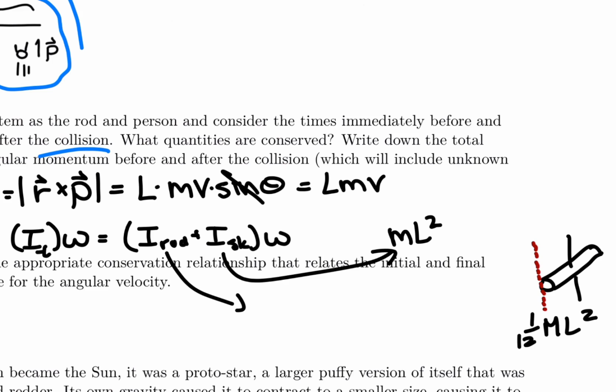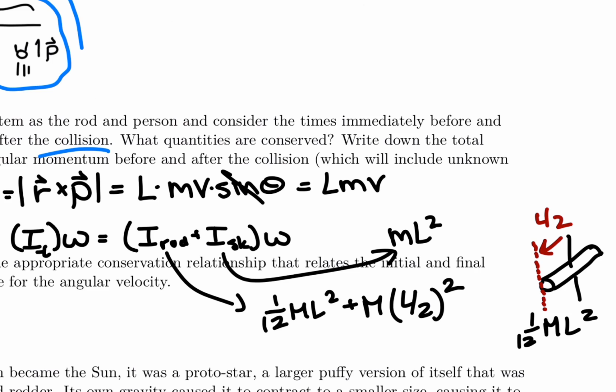The entire rod is rotating around this dashed red line. So we have to use the parallel axis theorem. We can take the center of mass answer, and we can add onto it the mass of the rod times the square of the shift, which in this case is L over 2 squared. I'm shifting from the center of the rod to the edge of the rod. That distance is L over 2.